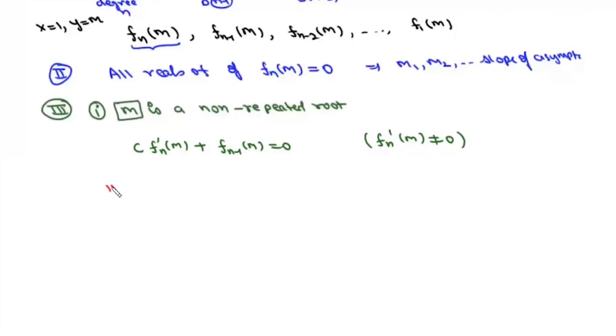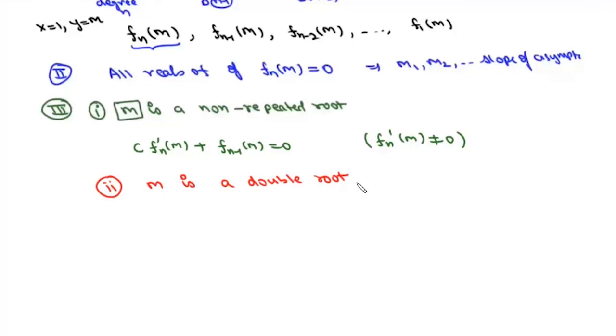Now this second case is if m is a repeated root, or in this case a double root. Now if m is a double root, f n of m will be 0 and f dash n of m will also be 0.